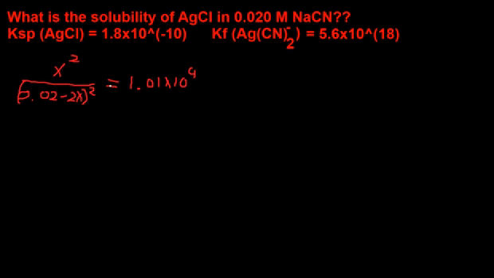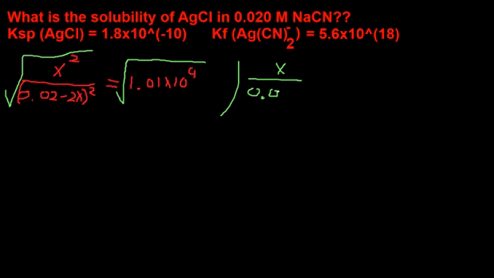How can we solve for x here? Everything is squared on this side of the equation, so why don't we just take the square root of this side and the square root of this side? That seems pretty easy. Then we get x over 0.02 minus 2x, which is equal to 3.176 times 10 to the power of 4.